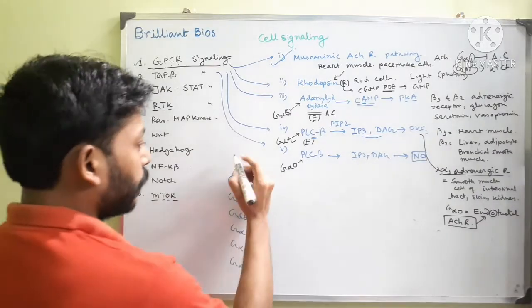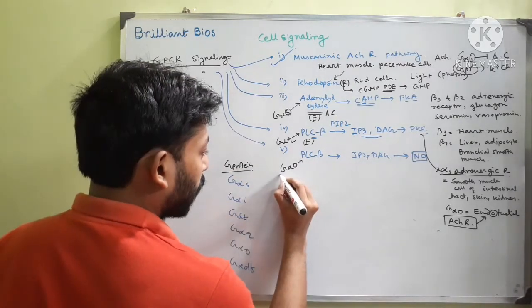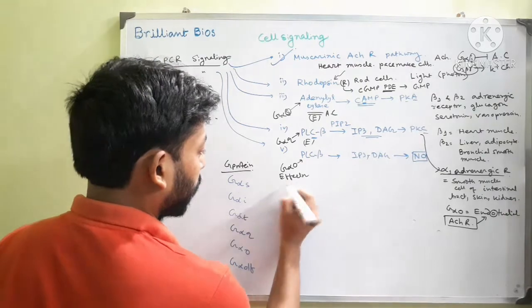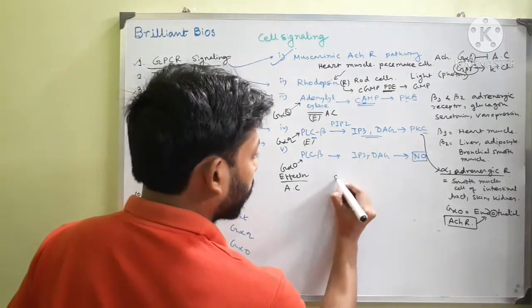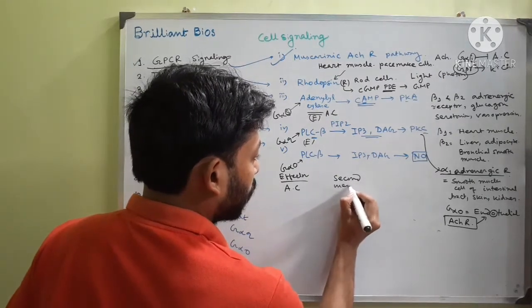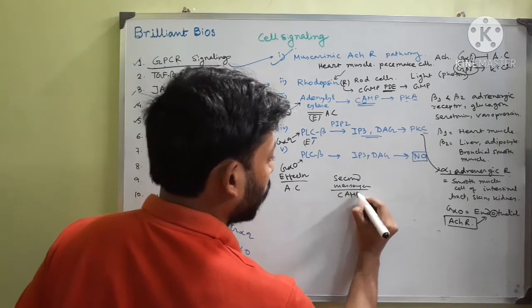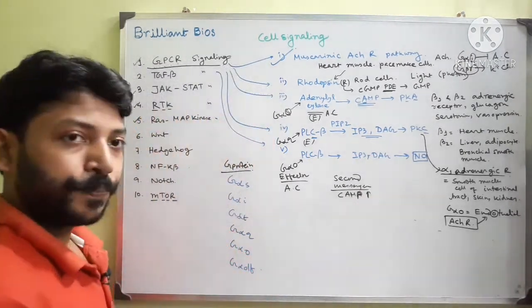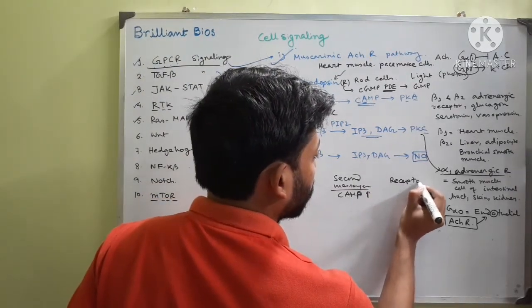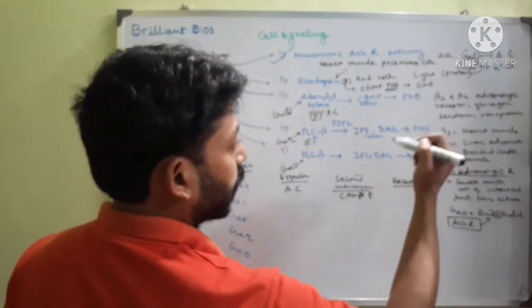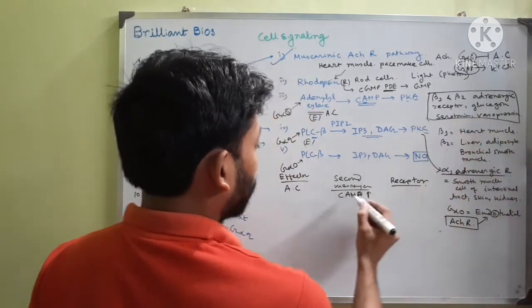This G protein associated with the G protein coupled receptor can activate the effector protein that is called adenylyl cyclase, and it actually makes the second messenger. I have mentioned in my previous basic concept class, second messenger like cAMP. It actually produces more cAMP. And how is it activated? Receptors. These receptors are the beta 1 and beta 2 receptors. So these are all the receptors that are actually activated by this G alpha S.